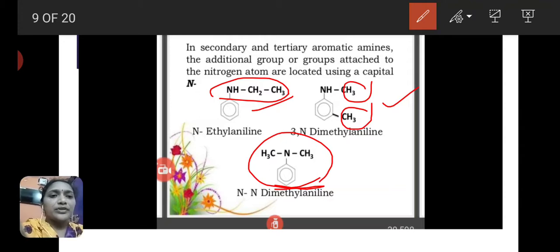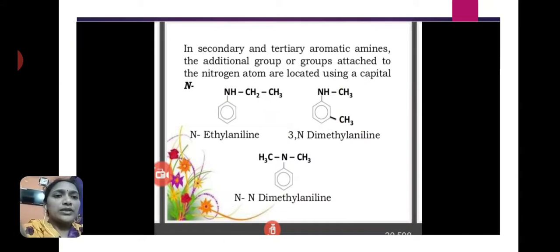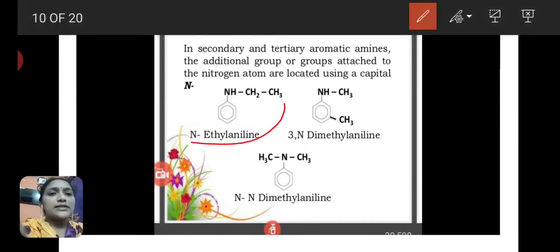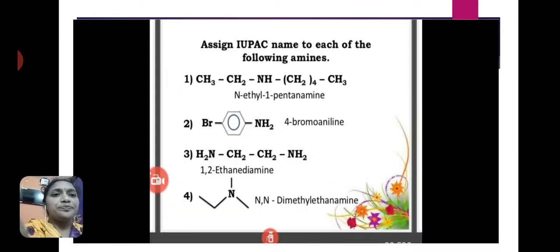In aniline the two hydrogens of nitrogen are replaced by two methyl groups, so it is called N,N-dimethyl aniline. Okay students, that is about the nomenclature of aromatic amines.